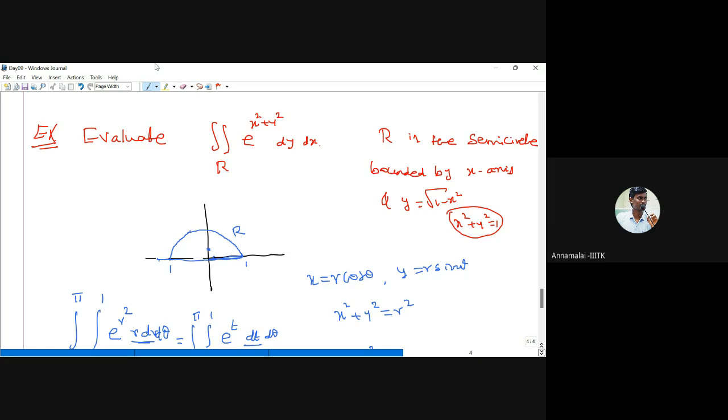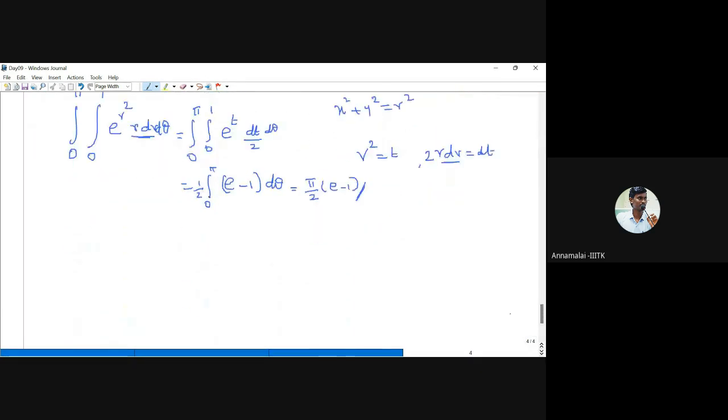So similarly, maybe if we take some other function, take f of x comma y equal to 1, a simple function. Next exercise. F of x comma y, we take 1, the function bounded by the circle x square plus y square equal to 1, but in the first quadrant.